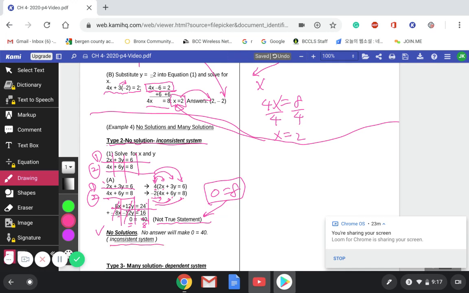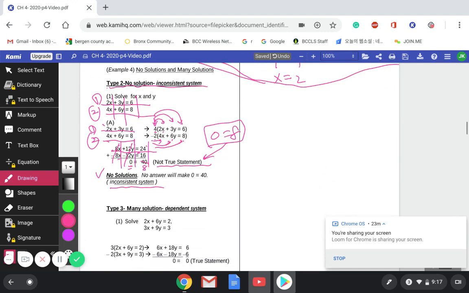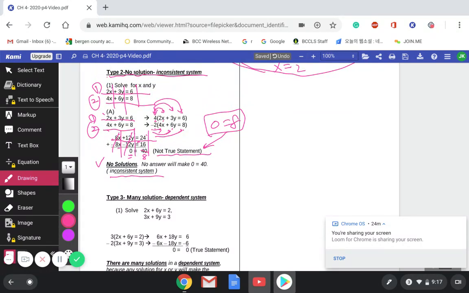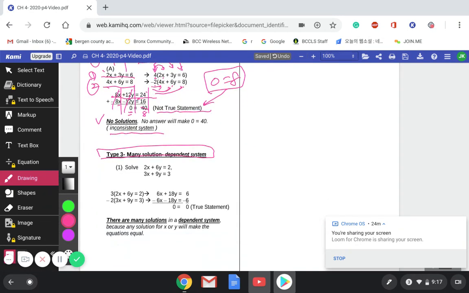Okay. Now, compared to that, how about dependent system, type 3? Again, you have a system of equations. So you try to solve this. So now again, I'm going to try to get rid of x. So you multiply each other's coefficient, but one of them has to be negative, so you have an opposite sign.